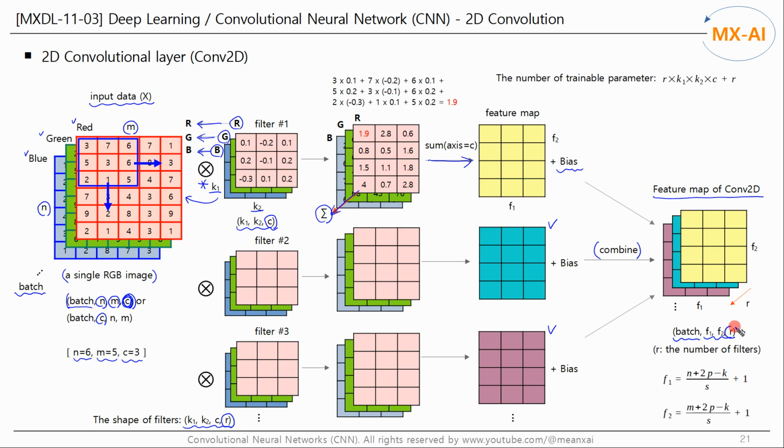The last dimension R is the number of filters. In the next layer, R corresponds to the channel C. As mentioned earlier, the last dimension can be greater than 3. This feature map can be fed into the next 2D convolutional layer, or 2D pooling layer. This is the number of trainable parameters in a convolutional layer.